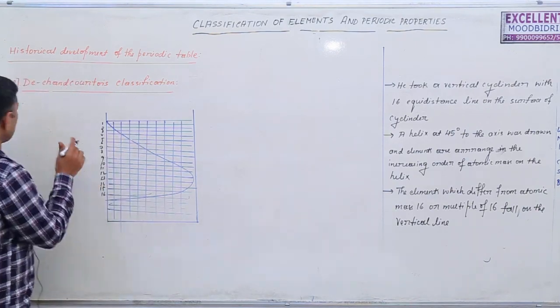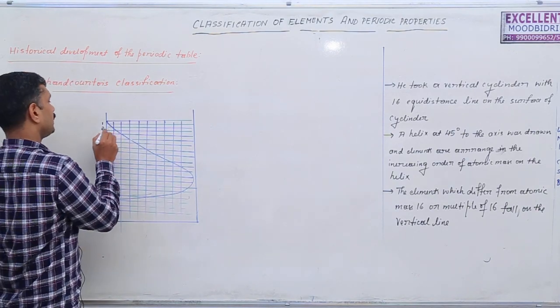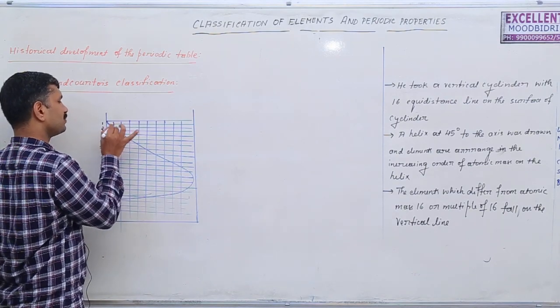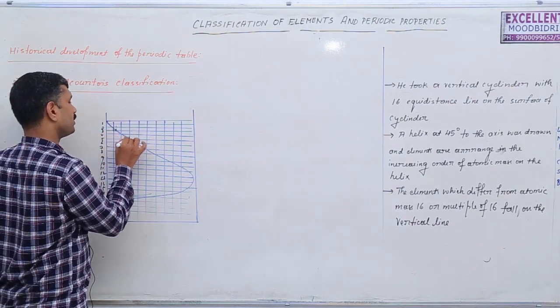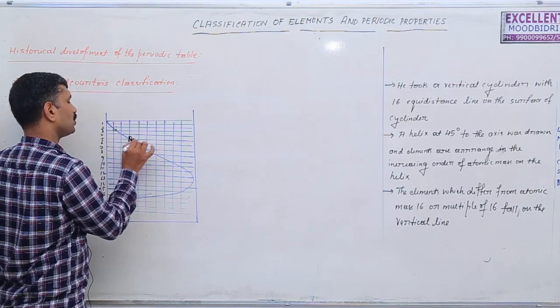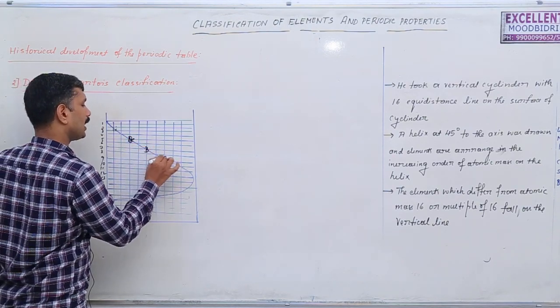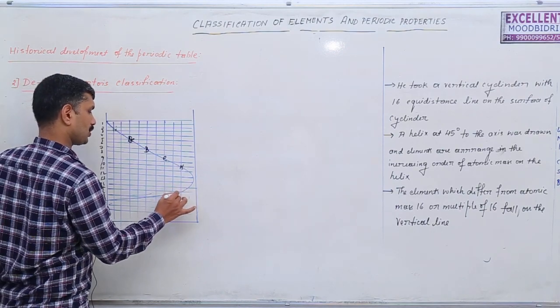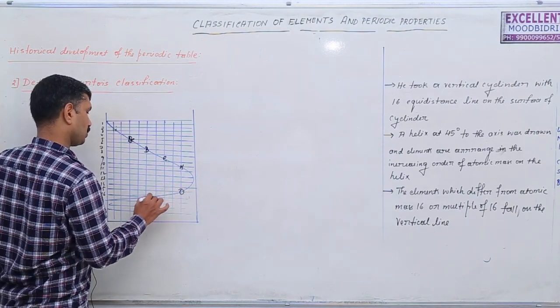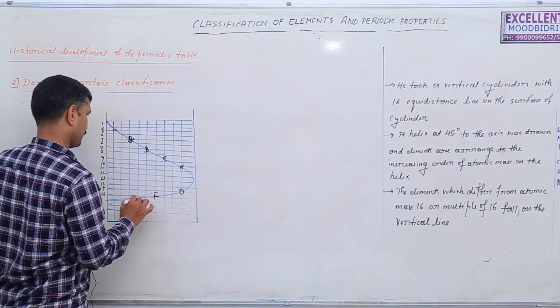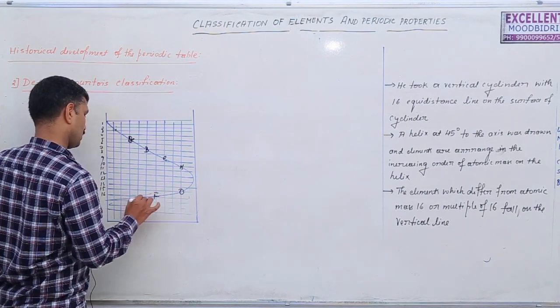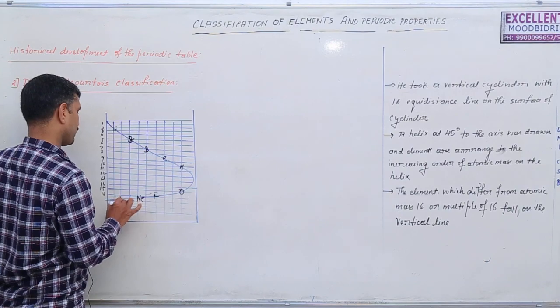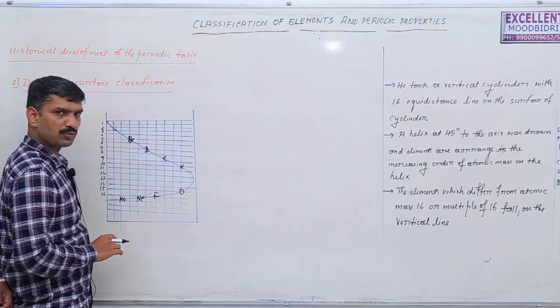One simple example I take here. Suppose lithium, beryllium, boron, carbon, nitrogen, next oxygen, fluorine, neon, next sodium, next magnesium, and the continuation goes the same way.